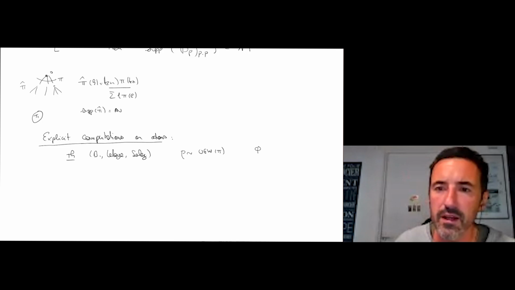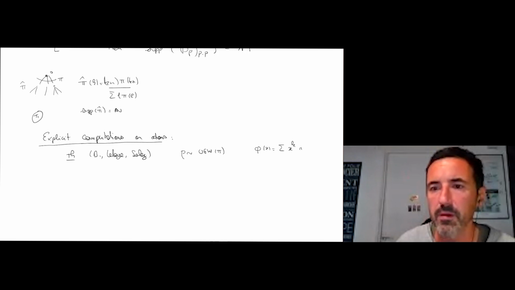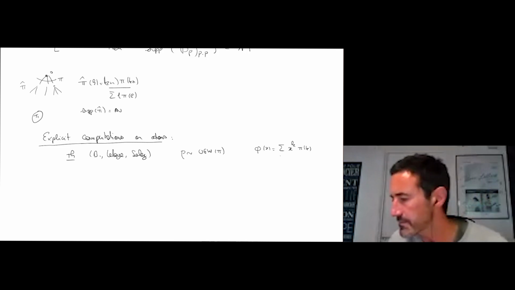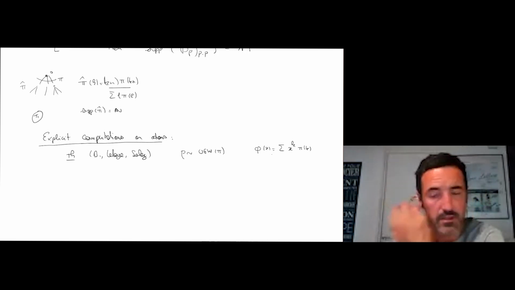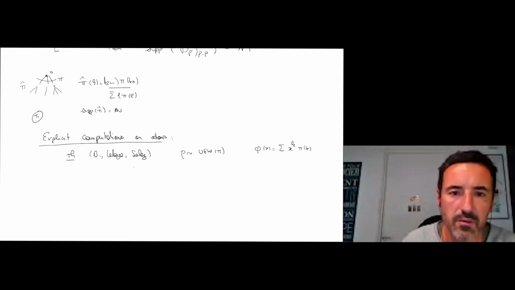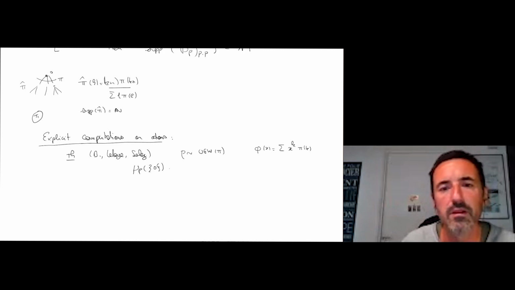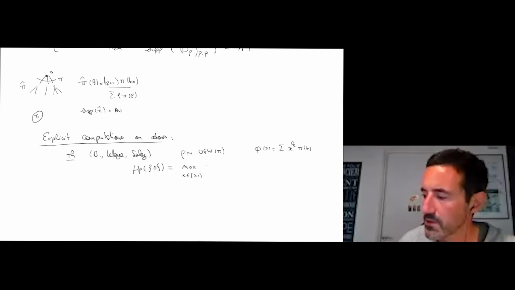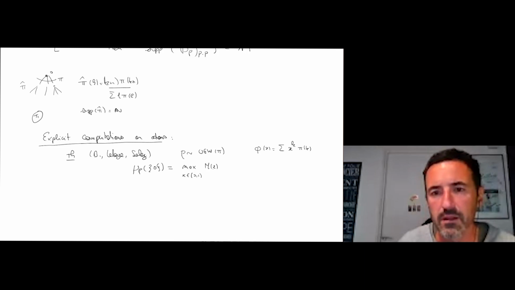You define phi to be the moment generating function of pi, so this is a sum of pi_k x^k, which is well defined on the interval [0,1]. And there is an explicit formula for the spectral measure of the atom at 0, which is quite complicated but fully explicit, and it illustrates a phenomenon which I want to explain.